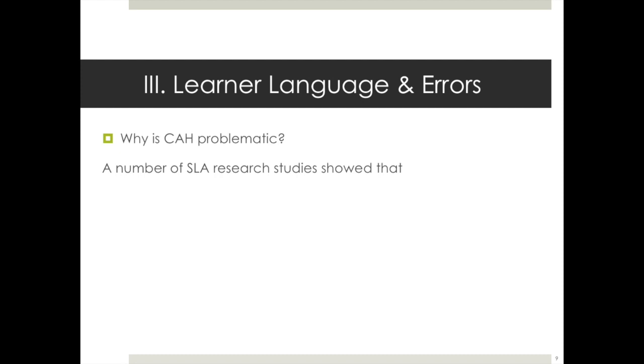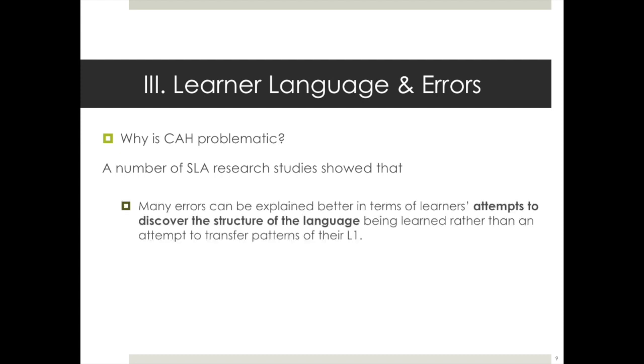A number of second language acquisition research studies showed that many errors can be explained better in terms of learners' attempts to discover the structure of the language, rather than making errors the end point or the purpose of studying a second language. Errors are rather an indication of how learners are making and testing their internal hypotheses of the language, and learning to build a system.